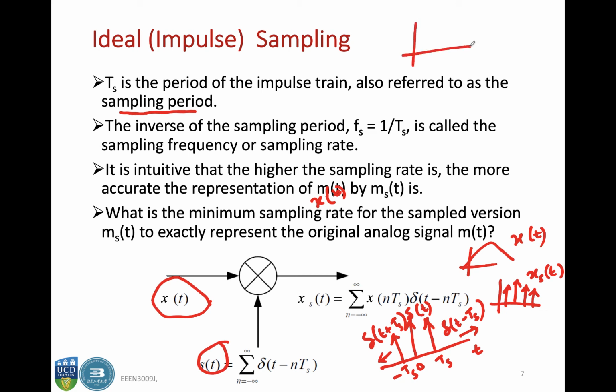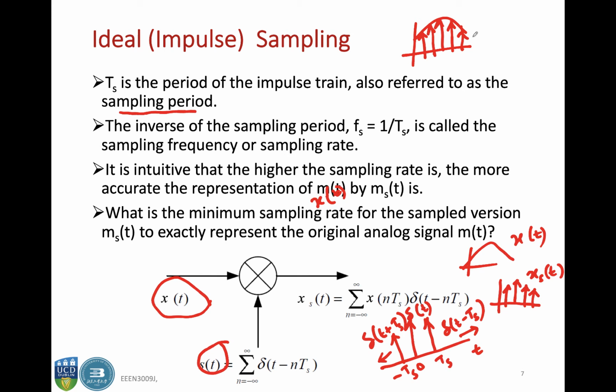So let's say you have this signal, and if your impulse train is very widely spaced, then this is probably less representative of the original signal than if you have very closely spaced samples like this. So this represents the original signal in a better form.